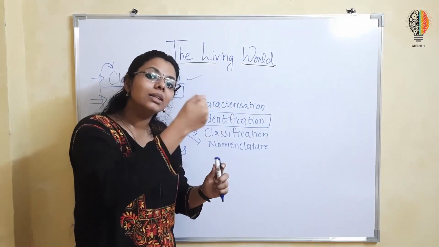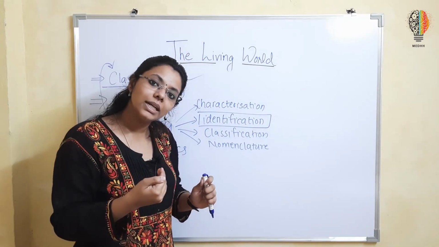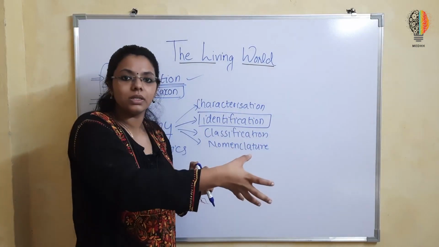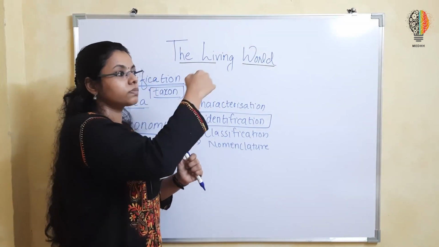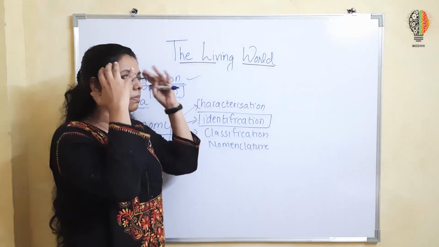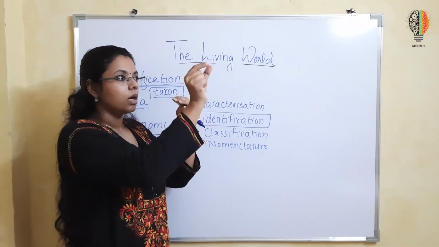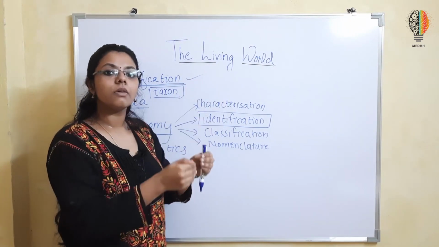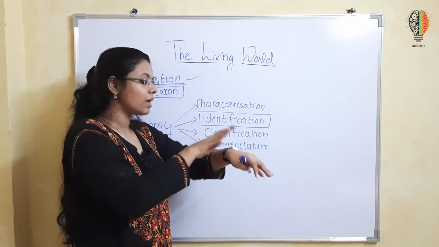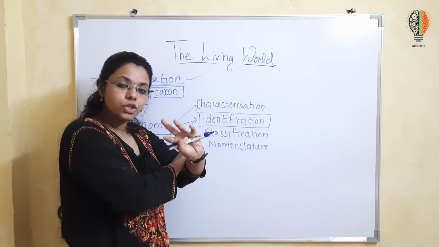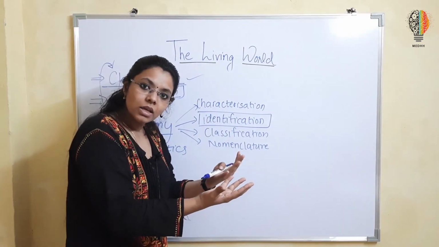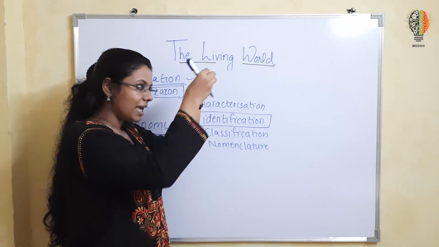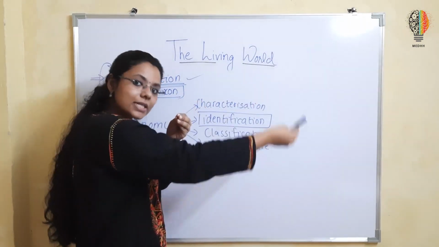Then how are the other hierarchy levels decided? By seeing the similarities and differences. If I say a mammal, what characteristics have I chosen for how the members of the mammals should look? It should have hair, it should have mammary glands. So you need to have certain ideas and basics on which the classification is done.